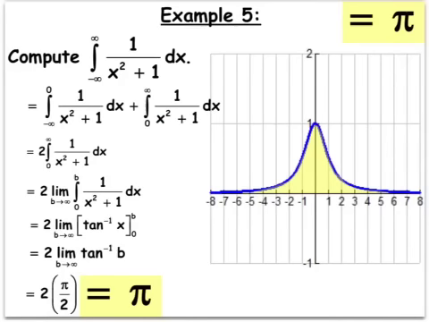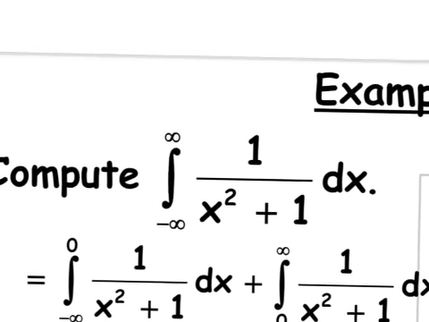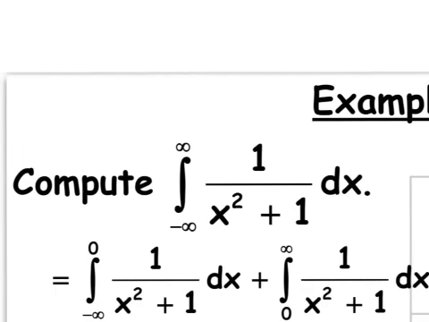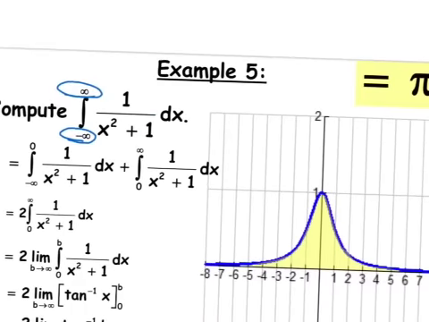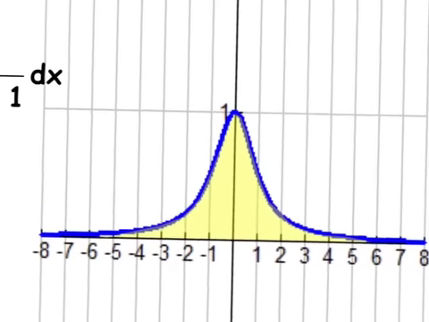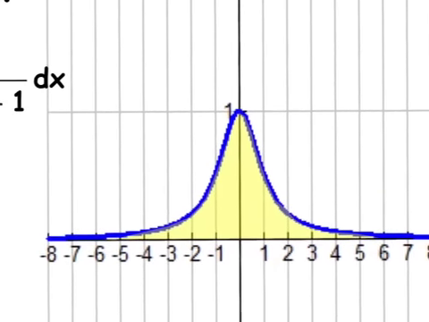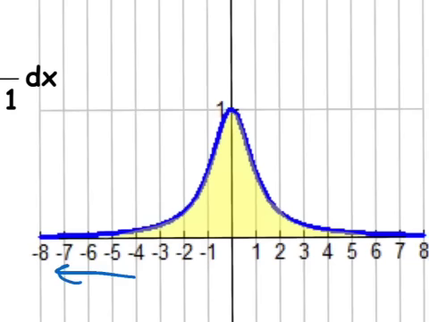Okay, so example number 5. I've got some kind of cool stuff going on here. First of all, let's look at this integral. We're going to compute the integral from negative infinity to infinity of 1 over x squared plus 1 dx. This is improper on both ends, from negative infinity to positive infinity. So if you look at the region, it's going to go off to negative infinity on the left-hand side and to positive infinity on the right-hand side.